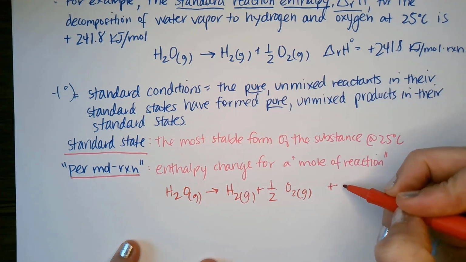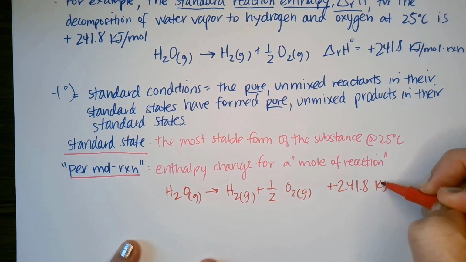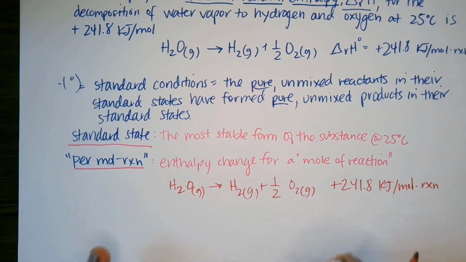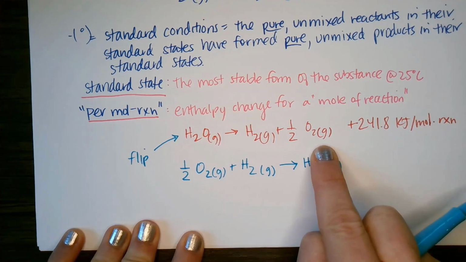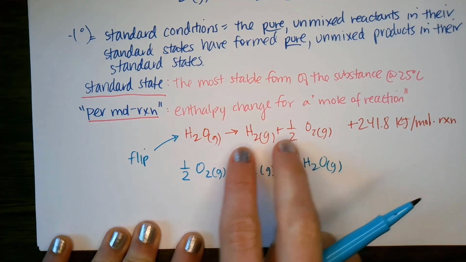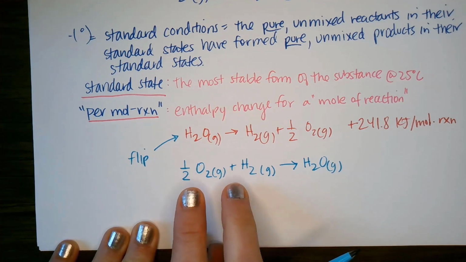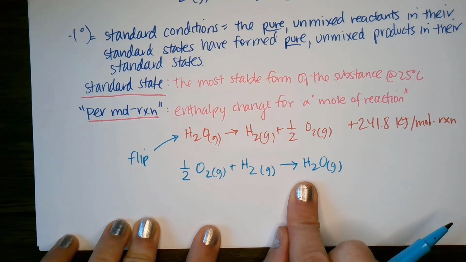Now, we just said that this reaction was an endothermic process. Our delta H was plus 241.8 kilojoules per mole for the reaction. If we were to take this reaction and flip it, so my H2O that was a reactant is now going to be a product, and my 2 products are now going to be the 2 reactants, we look at the opposite reaction: the combination of hydrogen and oxygen forms 1 mole of water.